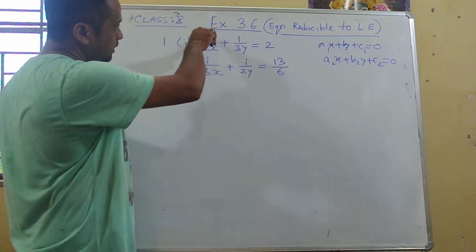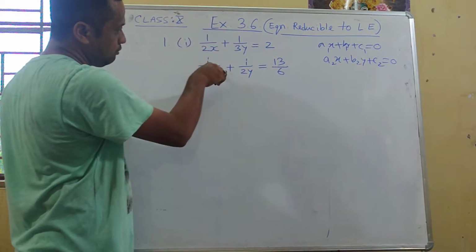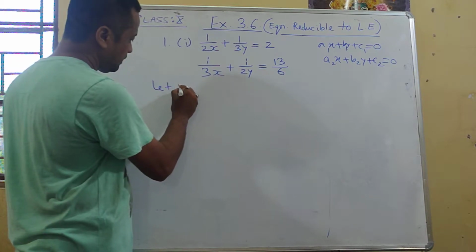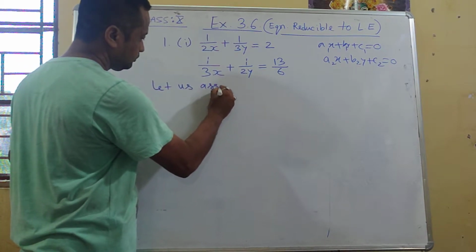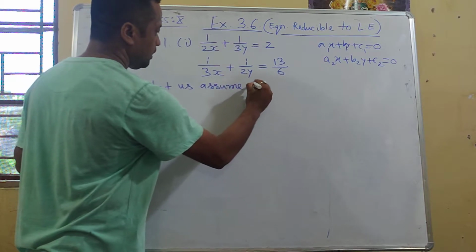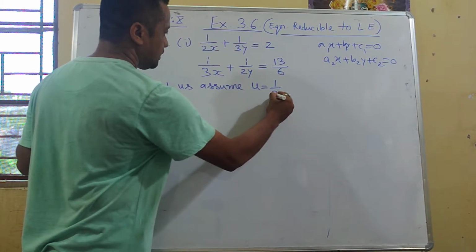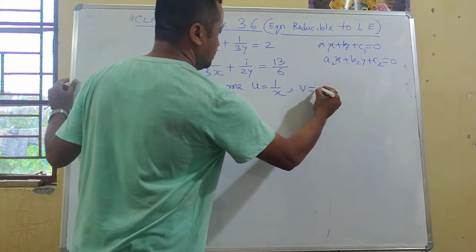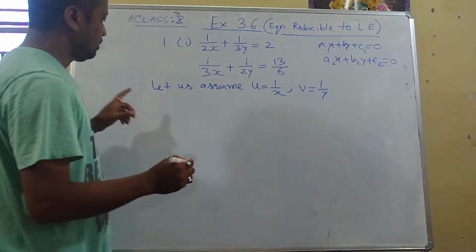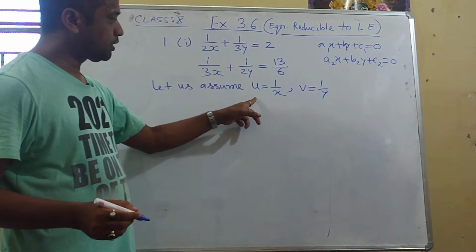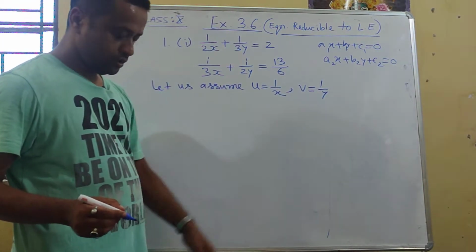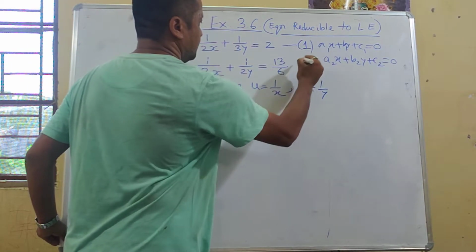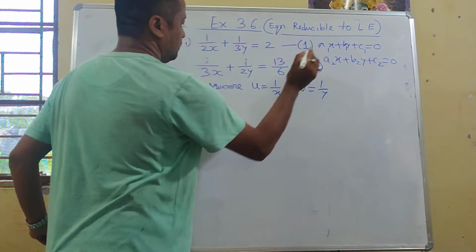Since it is in 1 by x, 1 by y form, let us assume u is equal to 1 by x and v is equal to 1 by y. Before this, mark this as equation number 1 and this as equation number 2.